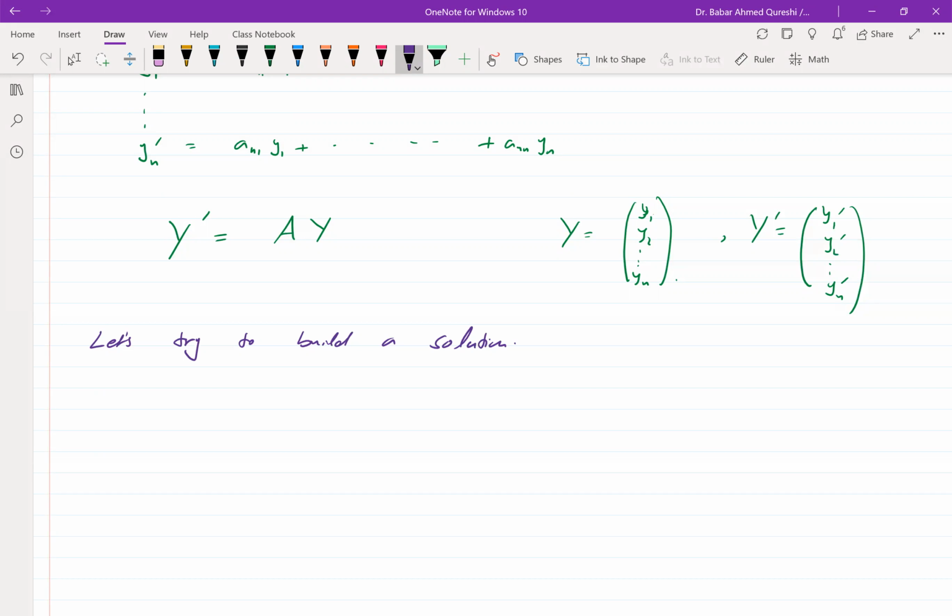And from the previous example, I try this thing. Because these y's are vectors, let me put an arrow on them. I consider something like this, a constant x1 times an exponential, another constant, and I am using the same exponential.